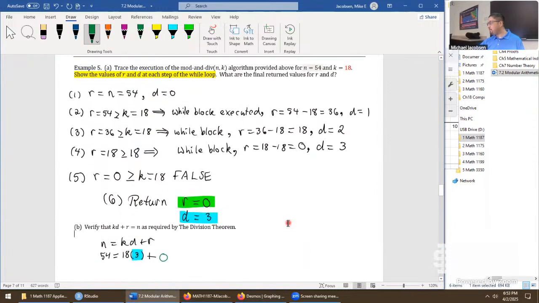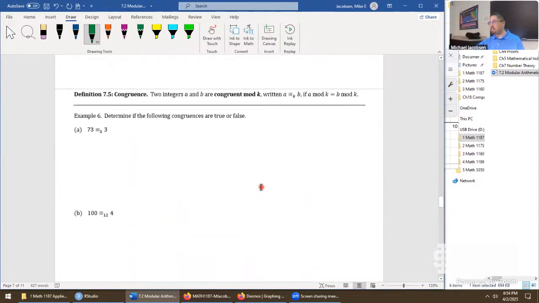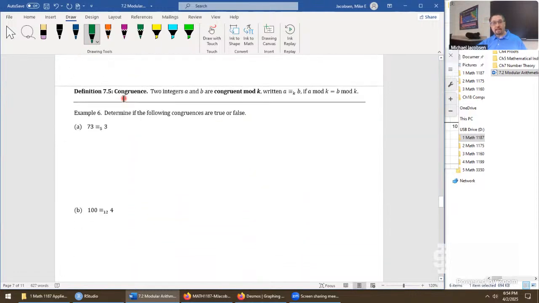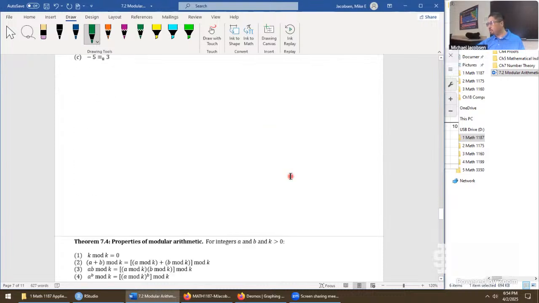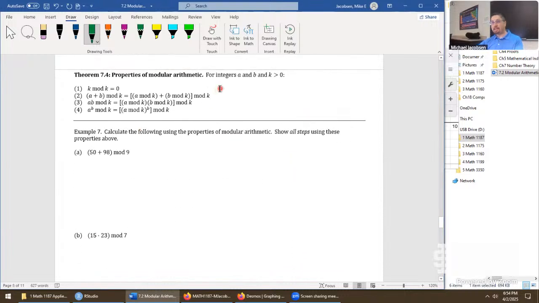Well, next concept we're going to be taking a look into is congruence. Then we're going to look into actual modular arithmetic and one final function. So here's the last bit. Congruence, we have a lot to say about, just not so much in 7.2 just now, but there is just a mind-boggling amount of computer science mathematical applications to congruent mod K as a concept. Then, after dealing with congruence, here's the modular arithmetic part of the section.